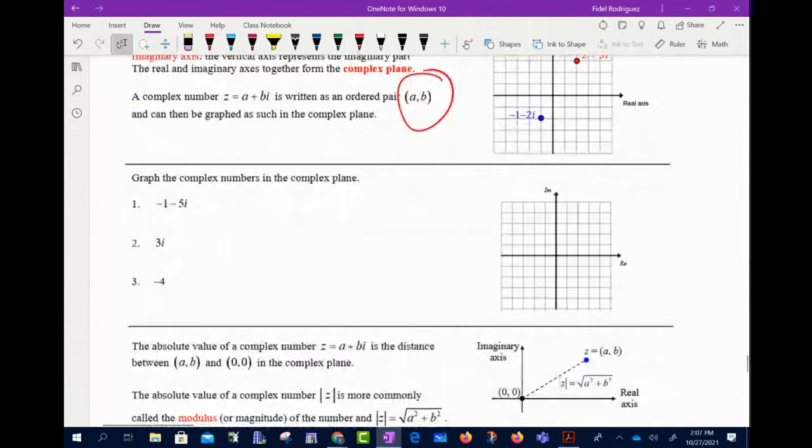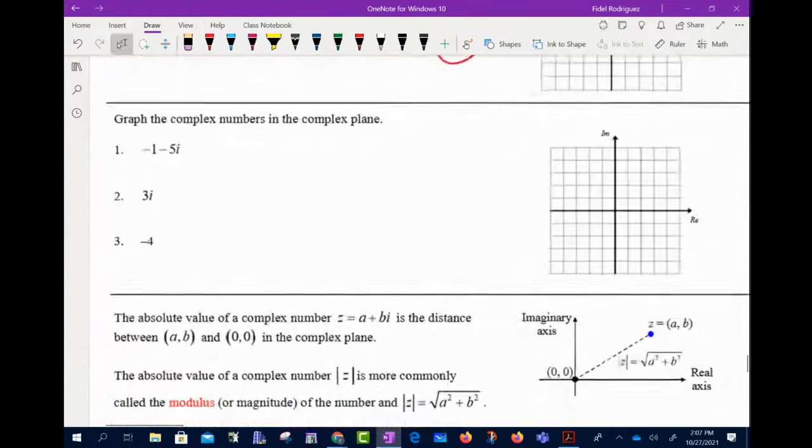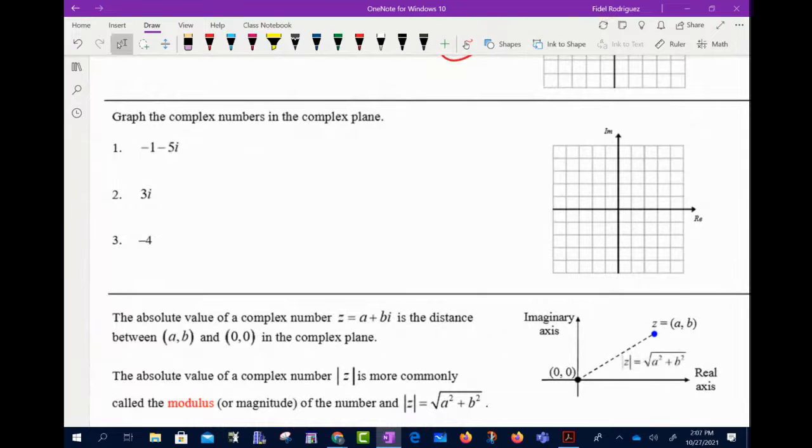So look, we're going to do the same thing for these three problems. It says graph the complex numbers in the complex plane. So remember, y'all, I'm going to think of each of these numbers as an a plus bi. So if we were to do this, y'all agree with me that a would be negative 1 and b would be negative 5? Okay, so then the way we're going to do this is we're going to graph it like that.